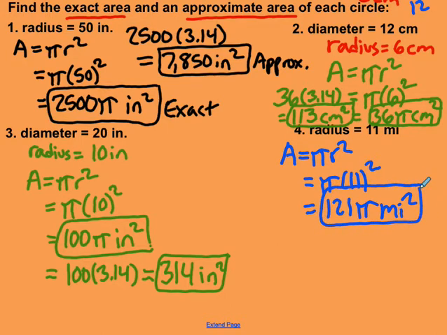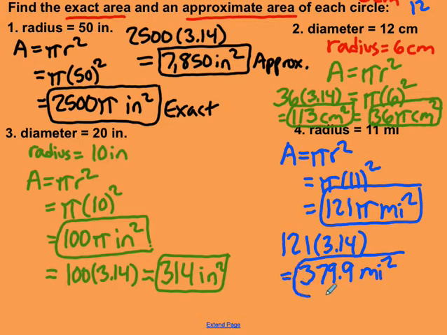If I want an approximate answer, I'll do 121 times 3.14. And that gives me approximately 379.9 miles squared. When you're doing your homework, just make sure that you read the directions and what they're asking for rounding as far as how far you should go out with your decimal places.